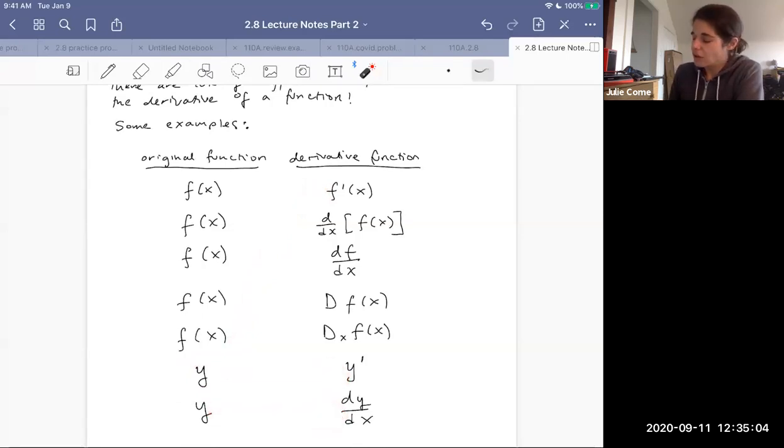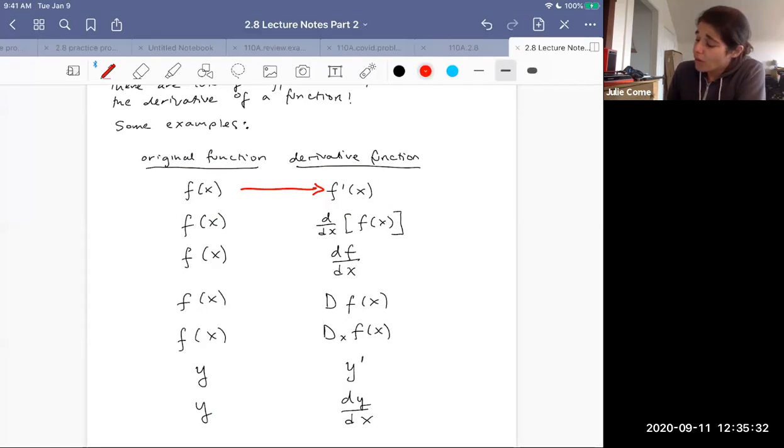So essentially each notation over here has a potential way that we would notate the derivative if this was how the original function was notated. So we've already seen that if the original function is called f of x, well, one of the ways that the derivative is notated is as f prime of x. That's the one we've seen already. I'll just put little arrows between these to show that they kind of go to one another.